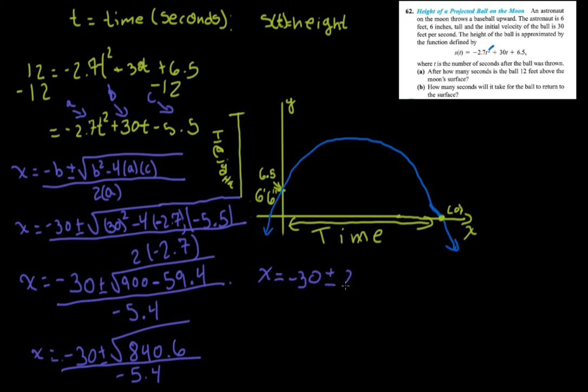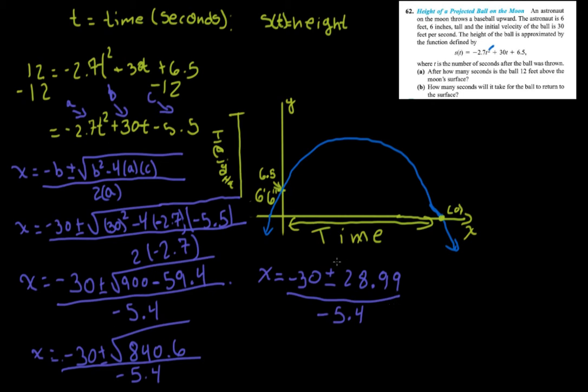So I'm going to have 28.99. It's actually 28.993, but because I'm taking four significant figures only, I'm going to delete the 3. Okay, so I'm going to stay like that. So negative 5.4.